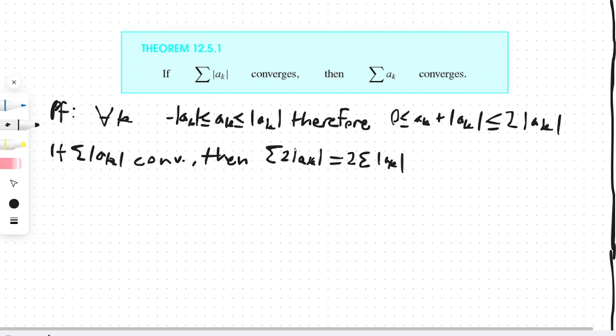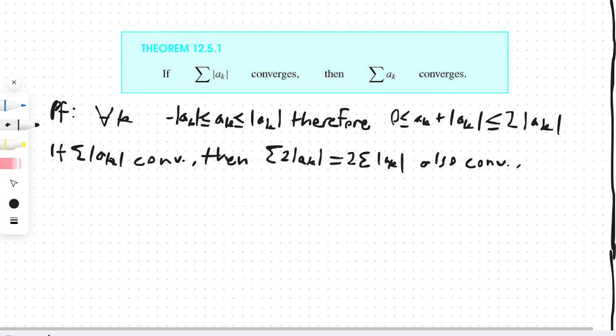Again, we can take this 2 outside and multiply it by every term in the series, so that's why that works. And now that we have that this term converges, it's super helpful, because all these terms are greater than or equal to 0, and we can compare to this one. That's the bulk of the proof.